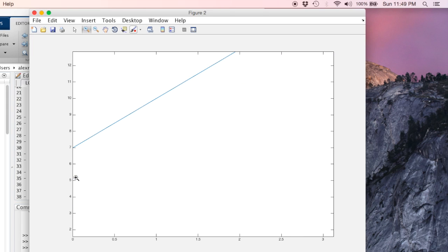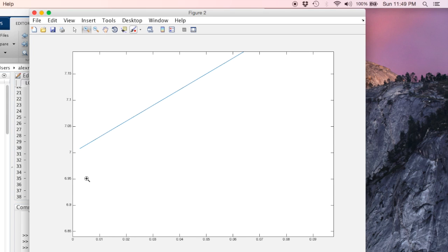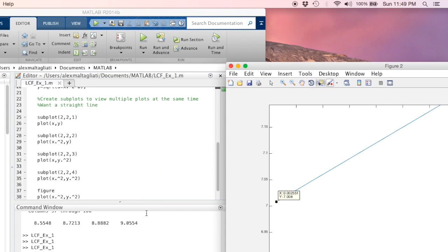And I'd say do this 5 to 10 times to really get an accurate value. Okay, so it looks like it's about 7, so you can take the data cursor, click right here, 0, 7. So our plus b value should be 7. Okay, let's check it out.